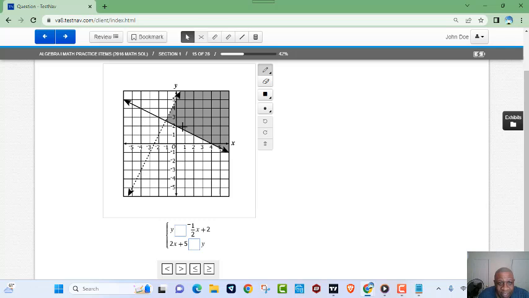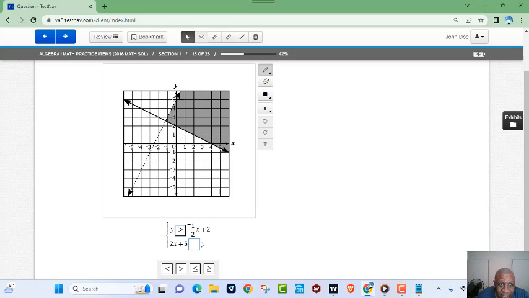So with that line being a solid line, which means equal, and the shading above, that means y is greater than or equal to negative 1/2 x plus 2. So we'll put greater than or equal to. Now here we have 2x plus 5.